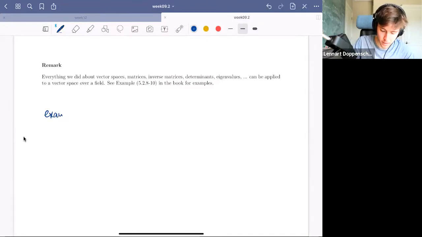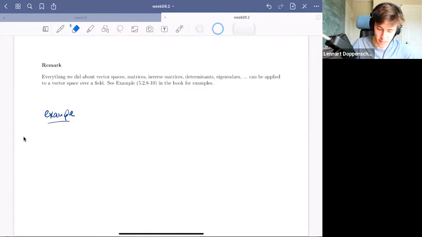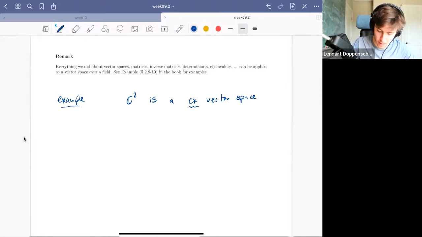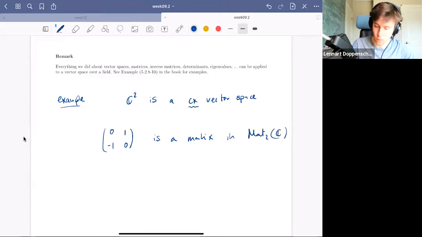So as an example, if we say that C2 is a complex vector space, and I sometimes write CX for complex, then we can consider the matrix 0, 0, 1, -1 in Mat2(C). So we upgrade the field to C.